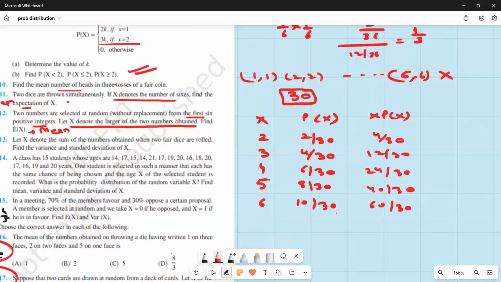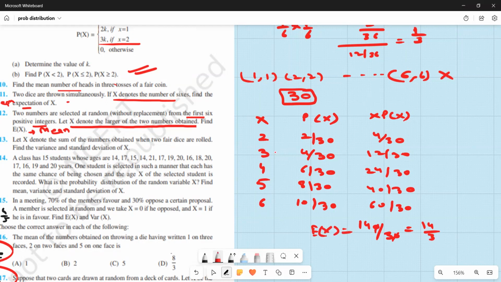So if we add 4 plus 12, 16, 16 and 24, 40, 40 and 40, 80, 80 and 60, 140. 140 by 30. So 0, 0 cancel. Mean is 14 by 3. Means EX mean is 14 by 3. Clear?